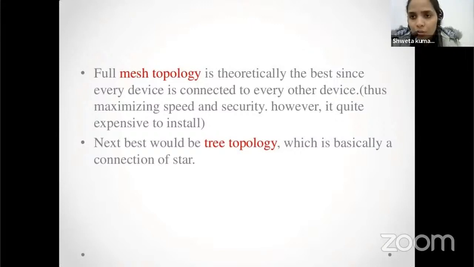You go to your college or campus, visit there, and check what topology is being used, and what type of cables have been used. Is it twisted pair cable, coaxial cable, or fiber optic cable? What networking devices have been used to connect these LANs together, and how do they function?